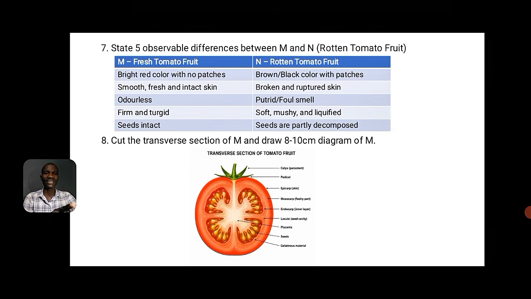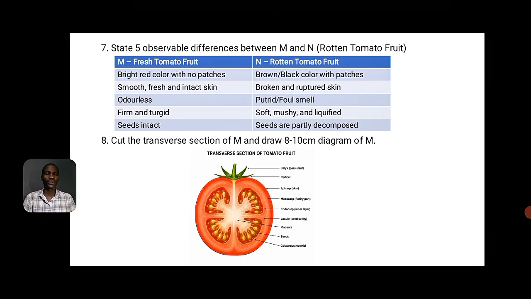But in axile, as in tomato, it's like there is a margin, the walls are coming from the center, and then we have a segment, and the seeds are orientated towards the margin or towards the wall of the fruit.